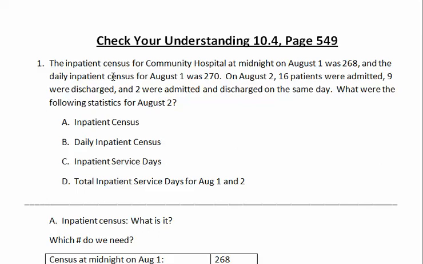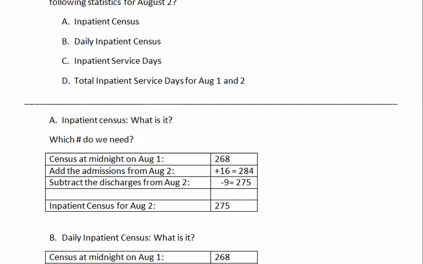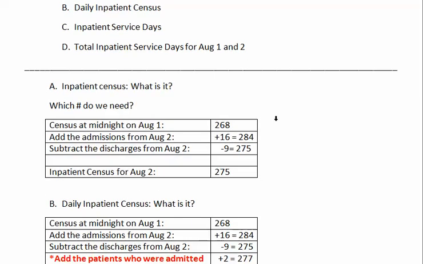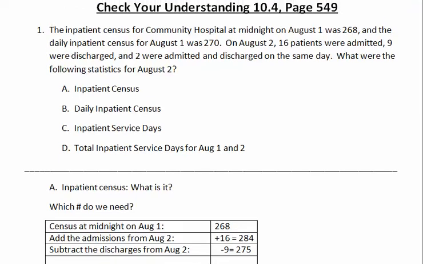Remember that when you're calculating inpatient census, you start with the previous day's ending inpatient census. So we're going to start out with the number 268, the ending census from August the 1st. Then we need to add in our admissions.